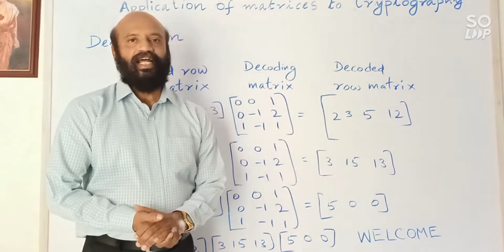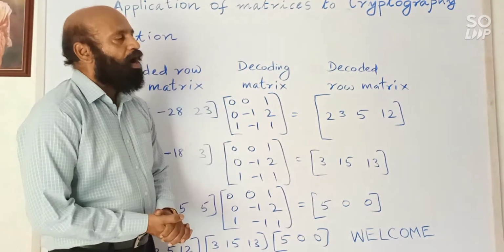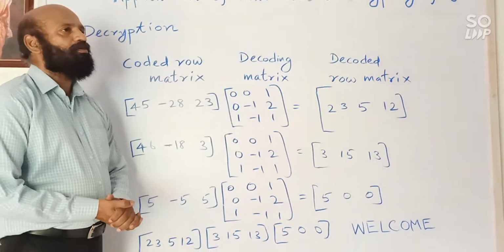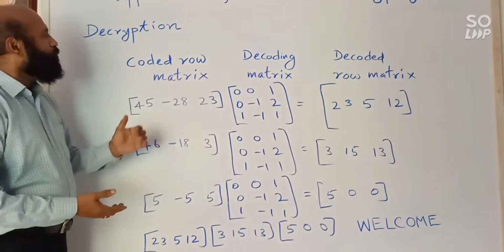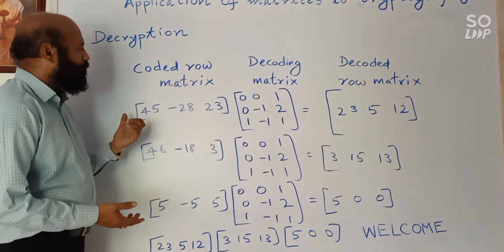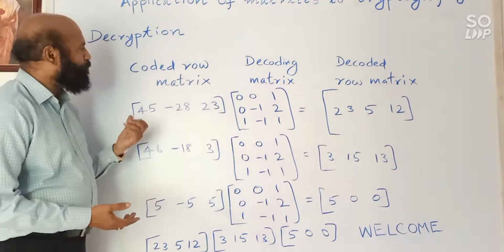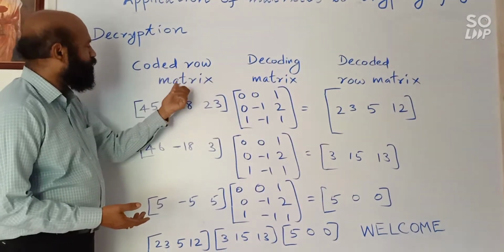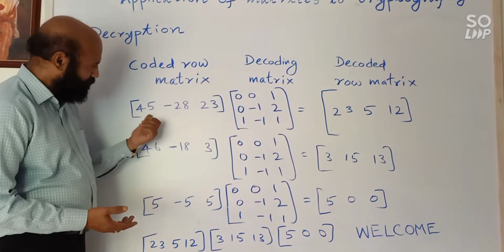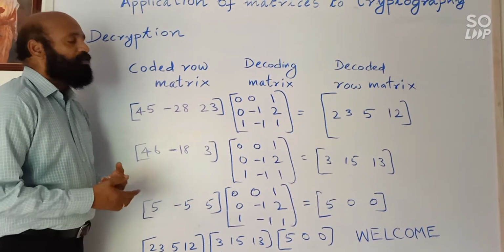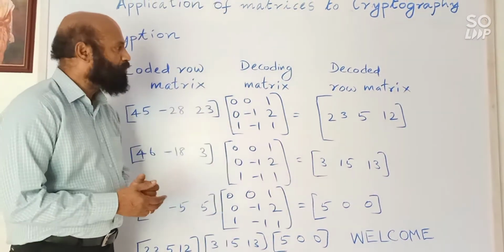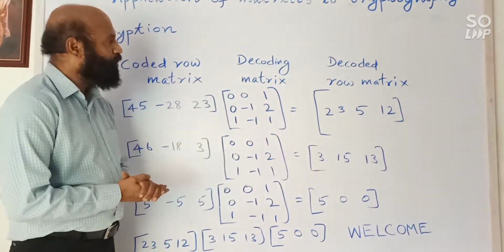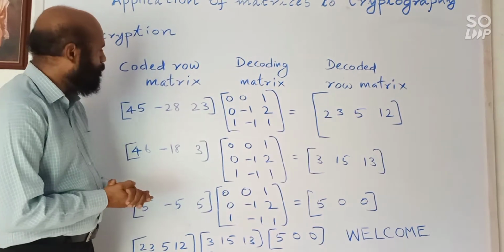Decryption is the transformation of unreadable form into original form. Now the word welcome, we made it into unreadable form by making it a coded row matrix. Then the receiver is using the key as the post multiplication by the inverse of the non-singular matrix.